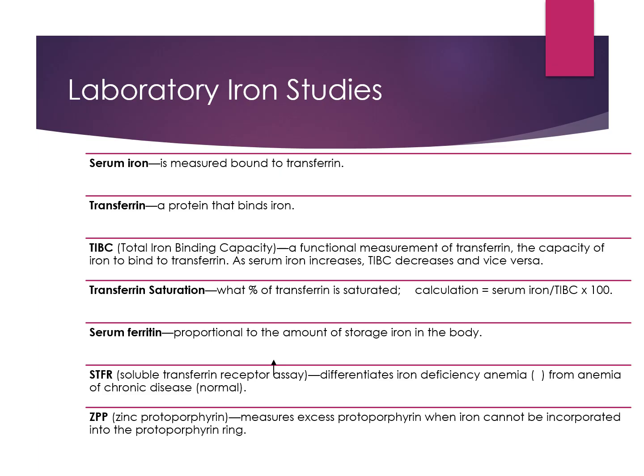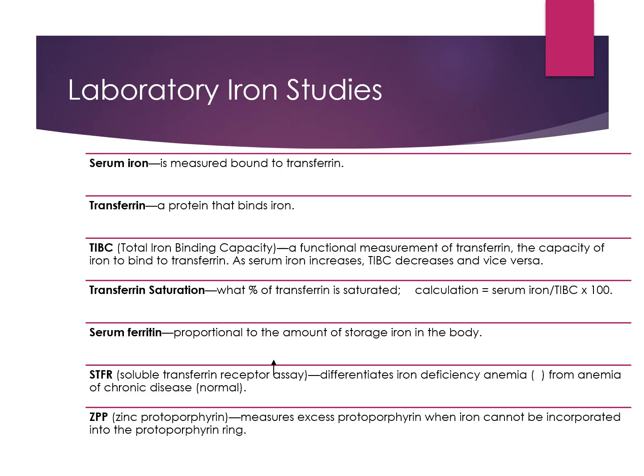If a person is found to have a decreased hemoglobin or anemia, we want to find out the cause of that so that we can treat the patient and correct that anemia. So we might do some laboratory iron studies. These are going to take place within the chemistry department.